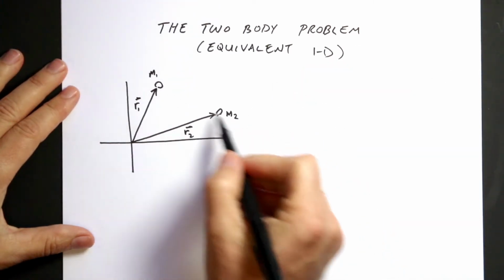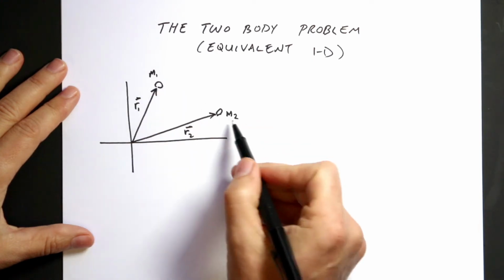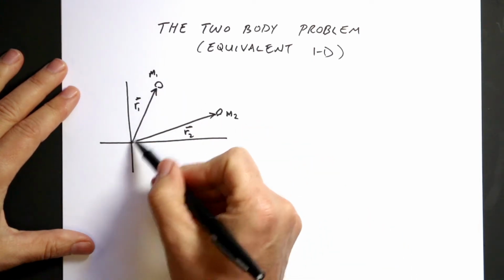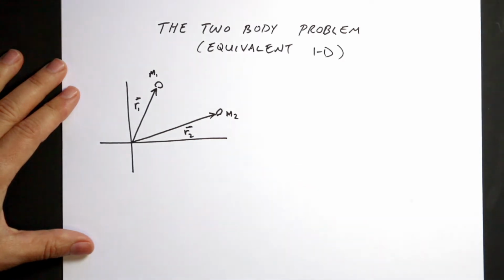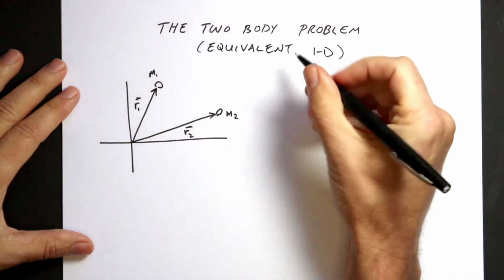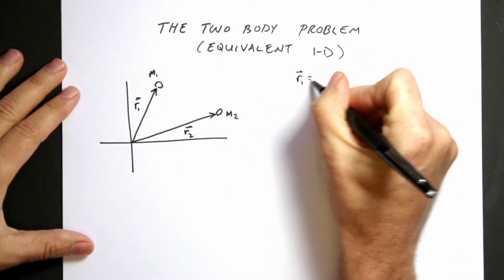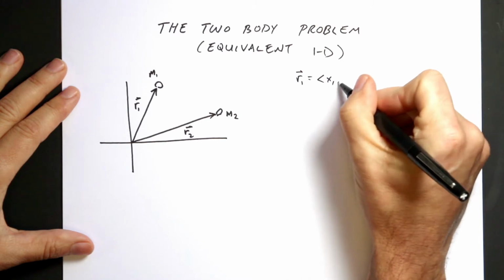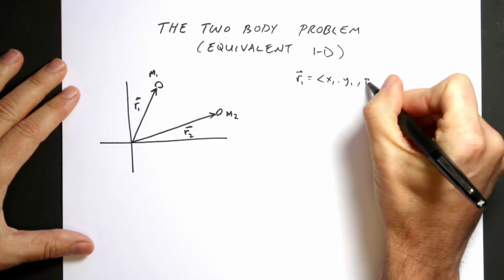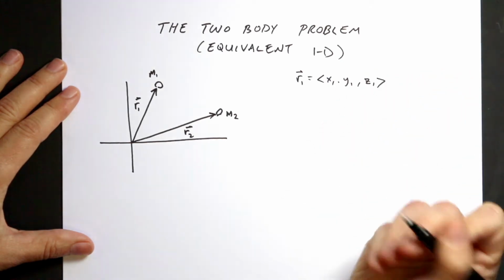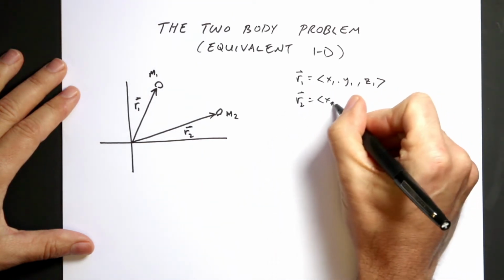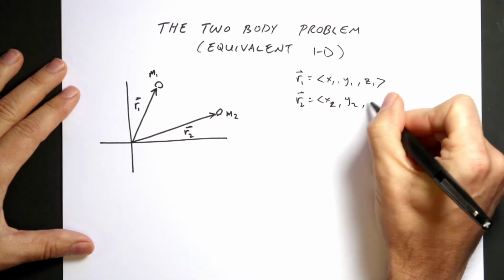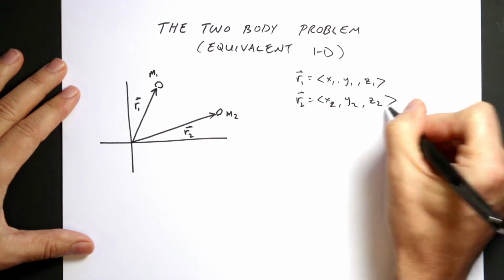So here I have two objects. I have mass 1, I have mass 2. And they have a position vector with respect to some origin, and who cares what that is. Now, how many degrees of freedom do I have? Well, if I think about this, r1 is x1, y1, z1 in Cartesian coordinates. r2 is x2, y2, z2 in Cartesian coordinates.